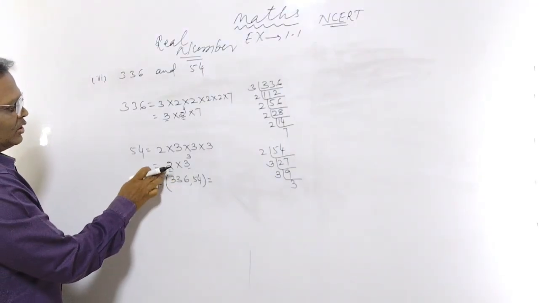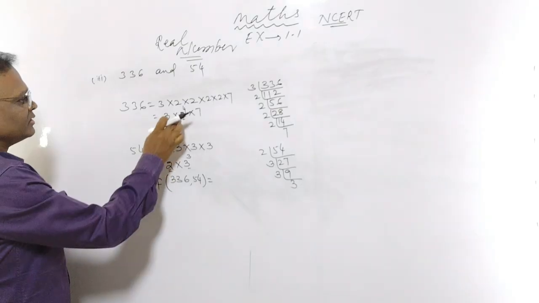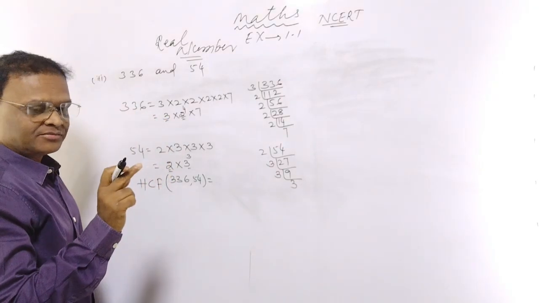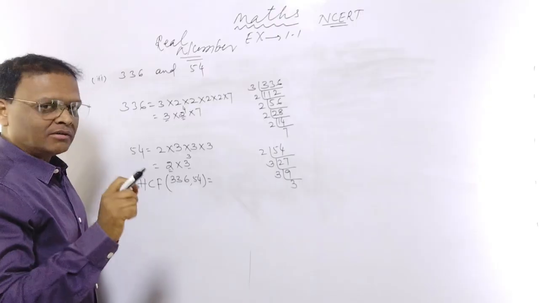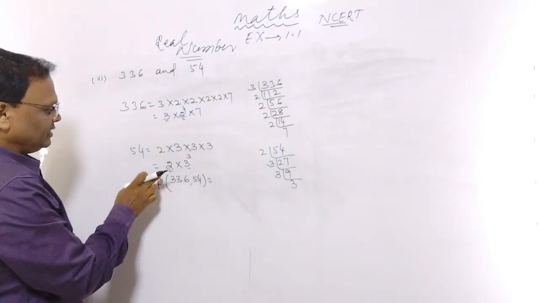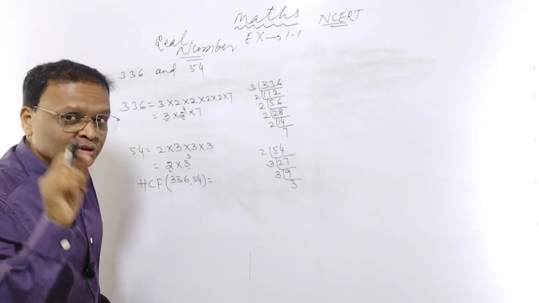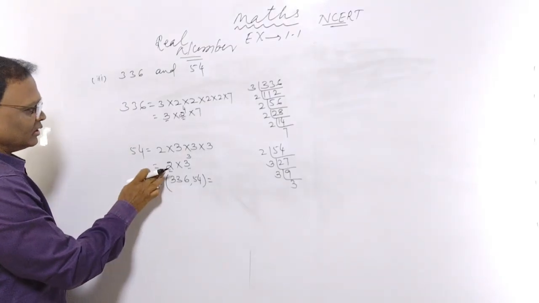Out of these, which one do we write? Till now I think you might have got it clear. For HCF, the common power must be the least power. Of these two, whichever has the smaller power. In HCF always look for the common.